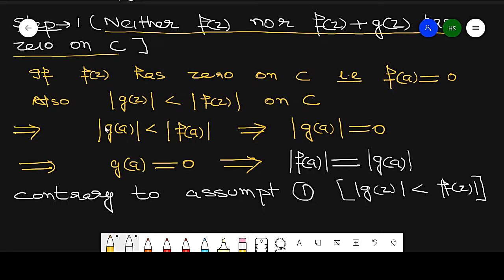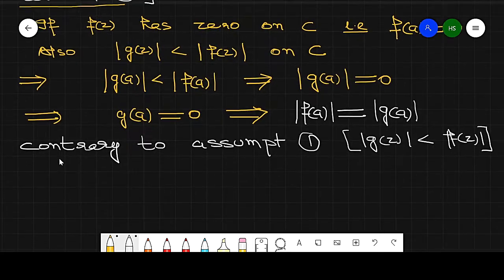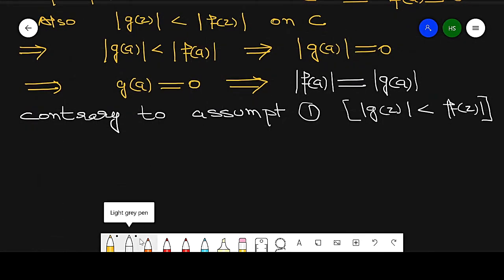Now we talked about the function f(z). Now I am taking the function f(z) plus g(z).